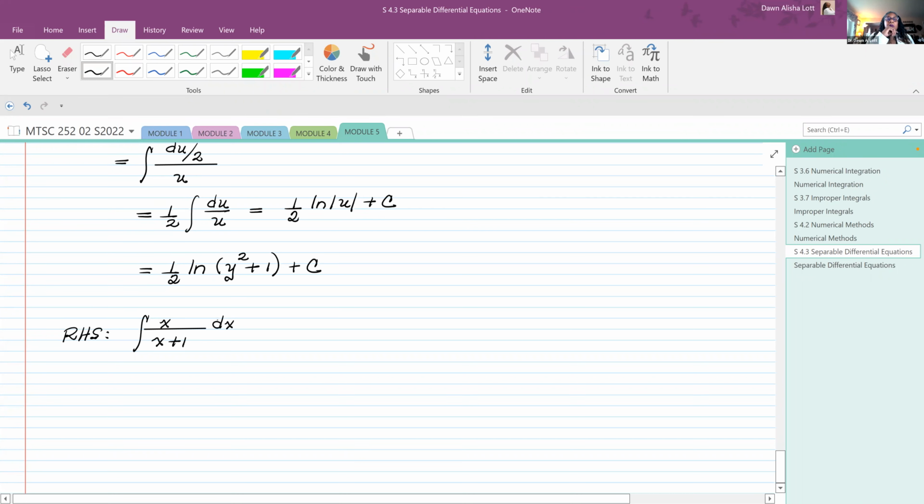This was a problem where we had to integrate a rational function and the power of the numerator and the denominator are the same. So what did we do for that problem? Or we could use u substitution for this problem.